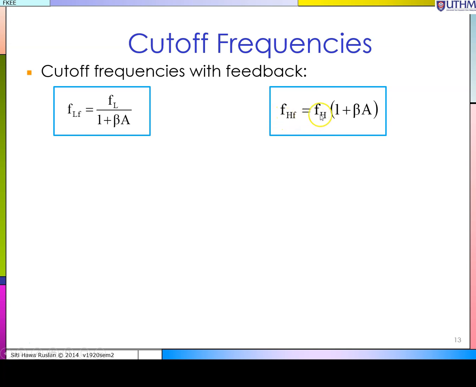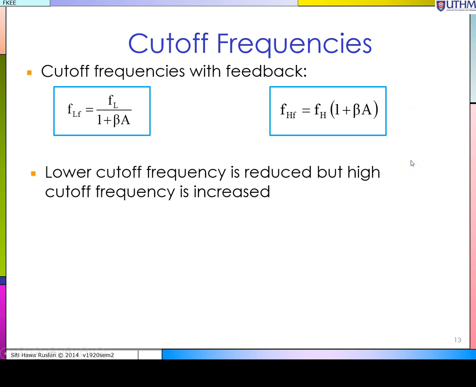FHF will equal FH multiplied with 1 plus beta A. So if you look at these two, your high cutoff frequency with feedback is larger compared to the high cutoff frequency without feedback. So this is the relationship between FHF with FH and just now FLF with FL.